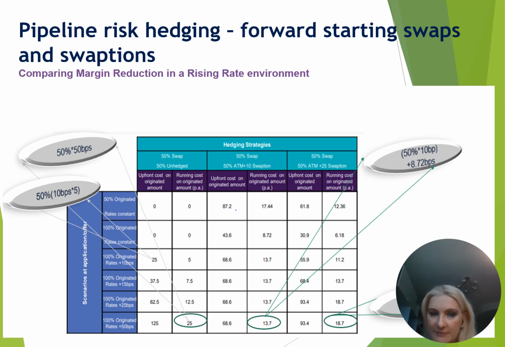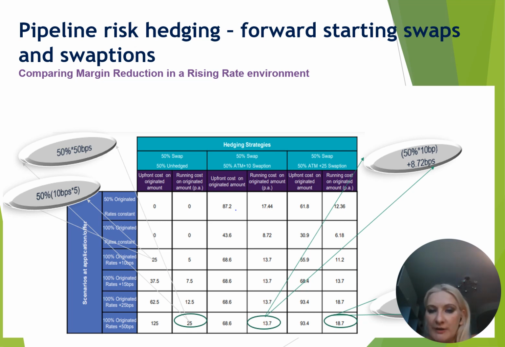So only on this portion you will see the P&L impact. Obviously, the rest is hedged. Then you have similarly half of the increase in the next case, which is 12.5, and half of the increase in the last case is 25, because it's a 50 basis point increase. I hope this is quite clear. We have the hedged and unhedged portions. The unhedged portion is obviously subject to the P&L impact as rates are moving up.